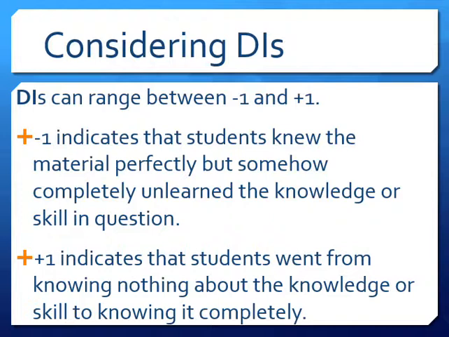Essentially, let's say that the student starts with a difference index of, say, 0.50, but then at the end of the semester, you see that they get something like a -0.90, or even, in the worst case scenario, -1. We really have to wonder what happened.